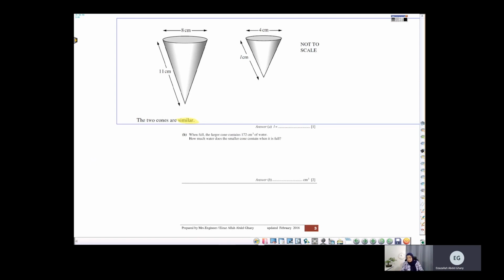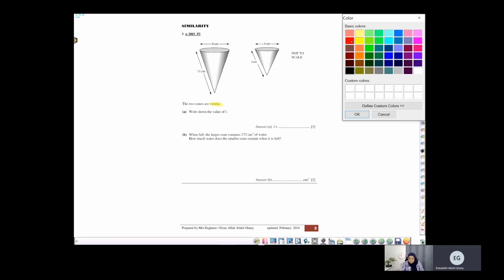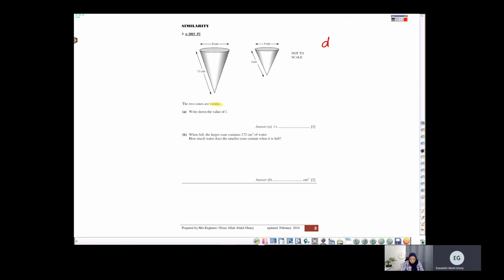We can also find it in another way, by making them as a ratio, like diameter 1 over diameter 2 over slant height 1 over slant height 2. It has the same ratio because of the word similar. Not always, because they are similar cones. Diameter 1 over diameter 2 is slant height 1 over slant height 2, which we name the scale factor.